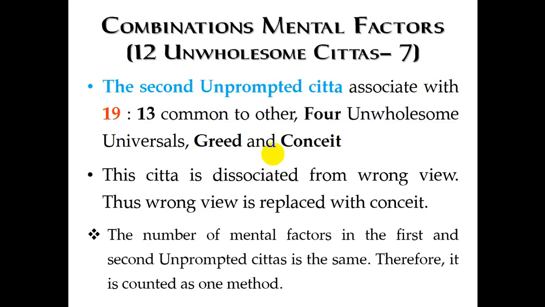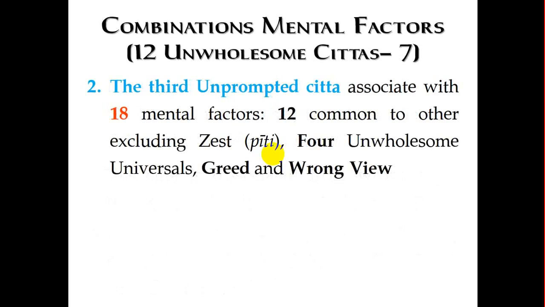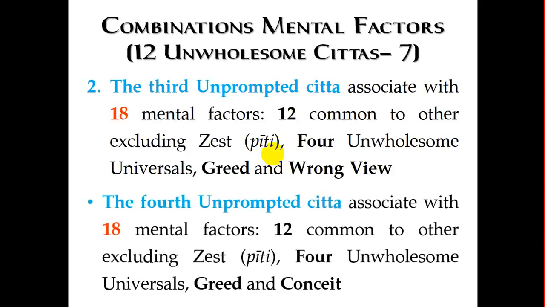So this is the order. The first and second unprompted citta, 90. Then the third one, 80, because you have to exclude joy. The fourth one also 80, and instead of wrong view you include conceit.